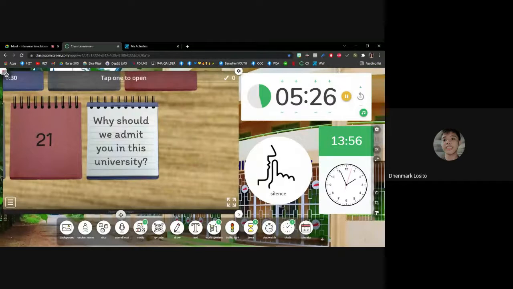And just like what I said in the recent question, I want to achieve my dreams that will really help me, not only me, my relatives as well, my family, because my dream is not only for me.